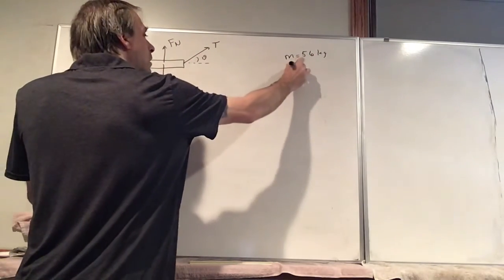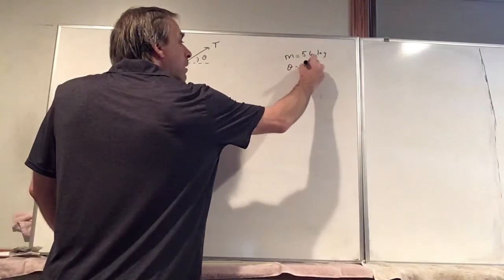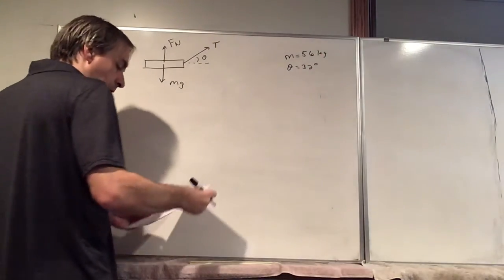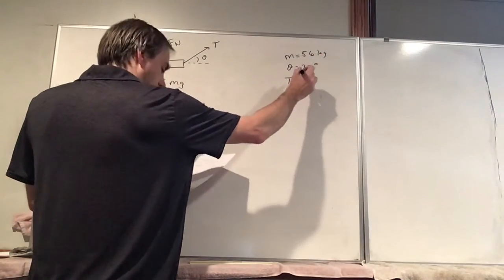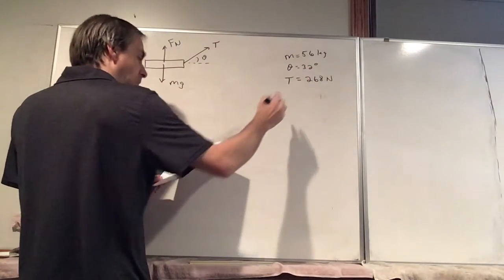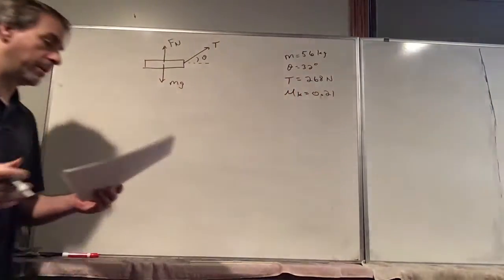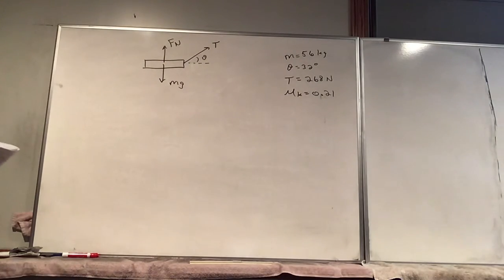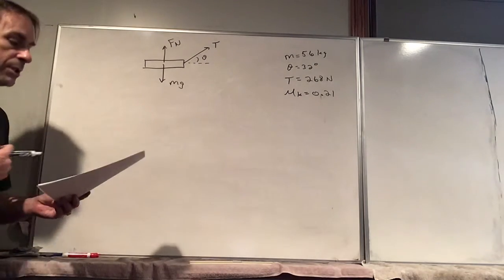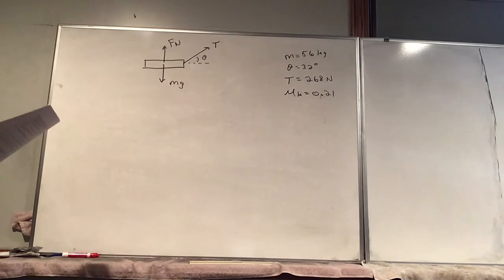We're given the tension in this case, and we are given the coefficient of friction. A 56 kilogram box is being dragged across the floor with a rope. Tension in the rope is 268 newtons and makes an angle of 32 degrees with respect to the horizontal. Coefficient of kinetic friction is 0.21.